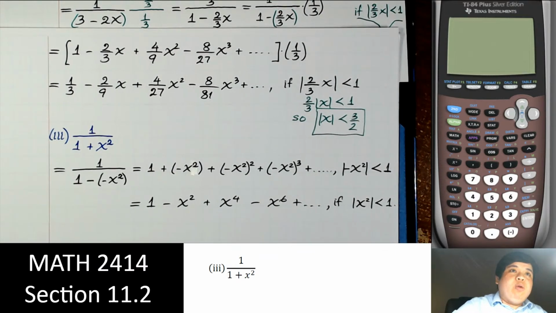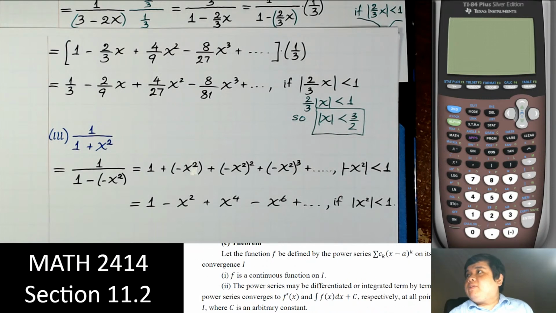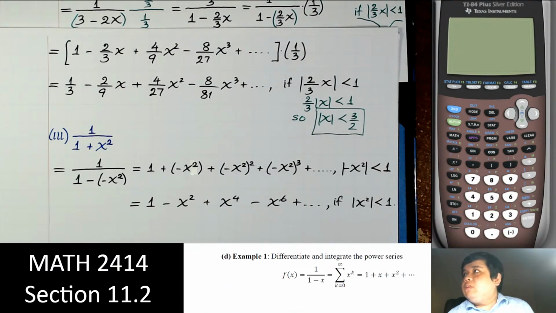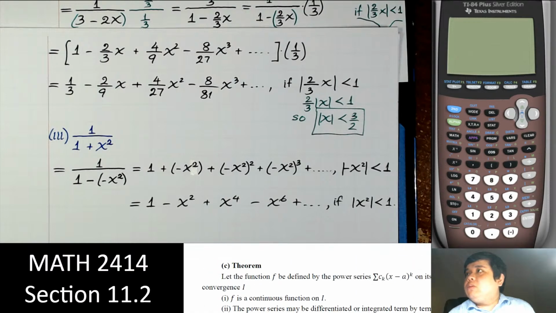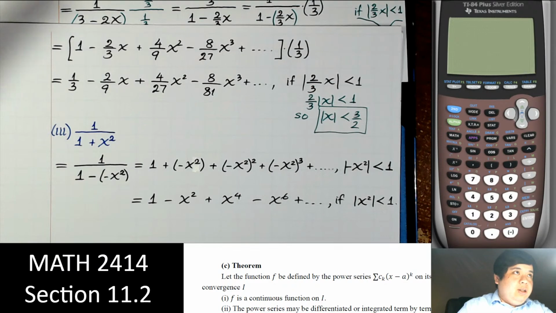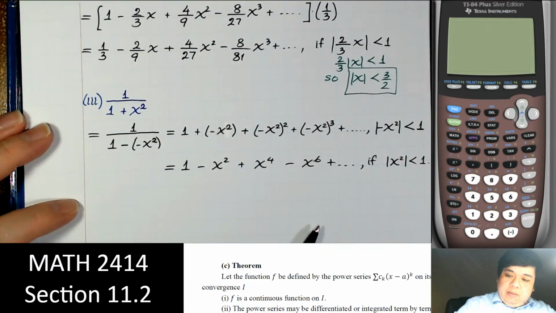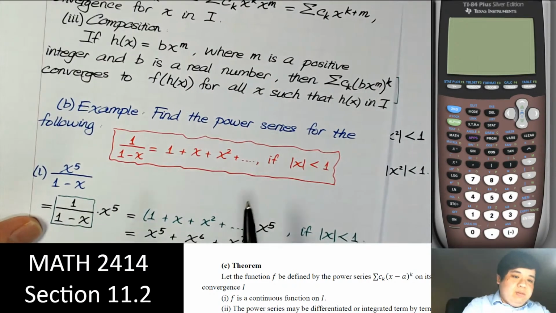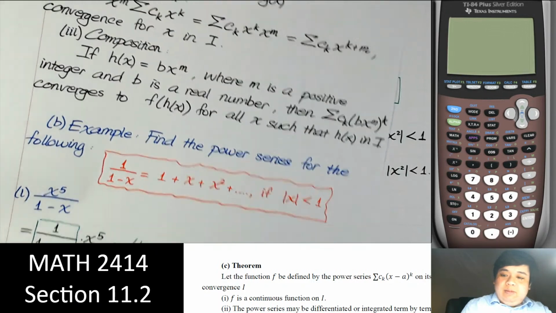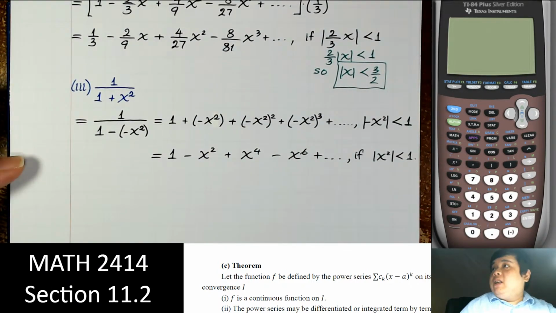Take the square root on both sides, and we have between -1 and 1. So utilize that geometric series.